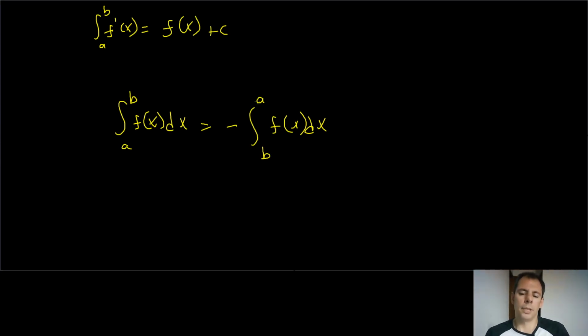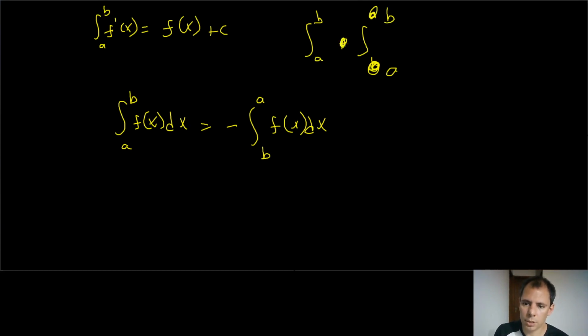Why? Because sometimes you want to add integrals, and you can do that if the limits are the same. But you cannot add, for example, from a to b with from b to a, because the limits are different. So you can invert. You can put an a here, you can put a b here, and you can change this plus sign to a minus. Now you have b to a here and b to a here, so now you can add these integrals. You can just join them.